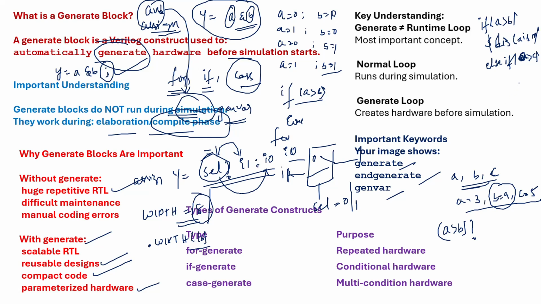So A greater than C I am checking here. Is that correct? No. Again 3 and 5 is there. So else if, $display, if it is correct, A is maximum value.